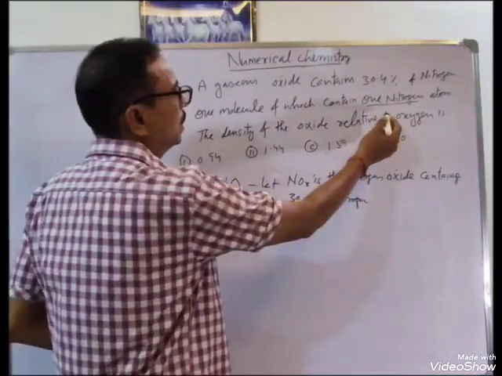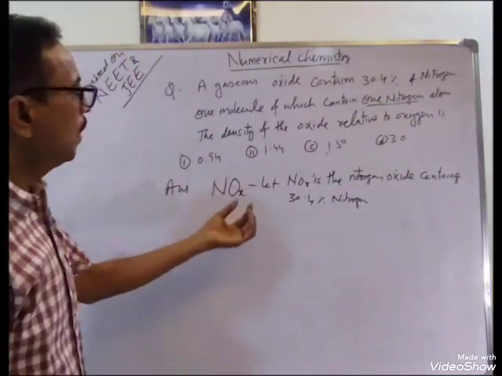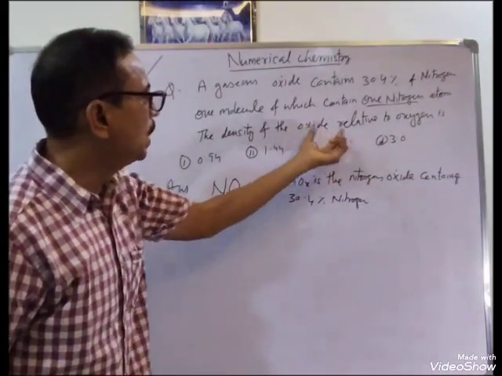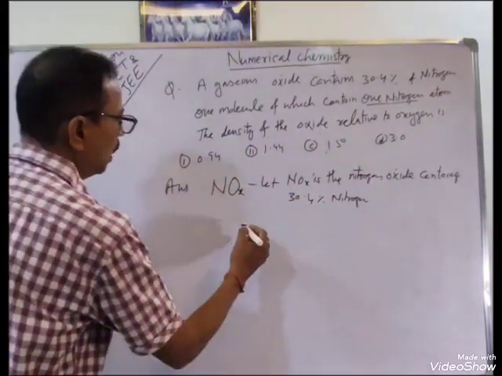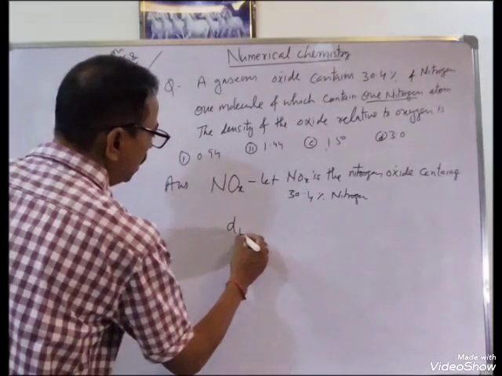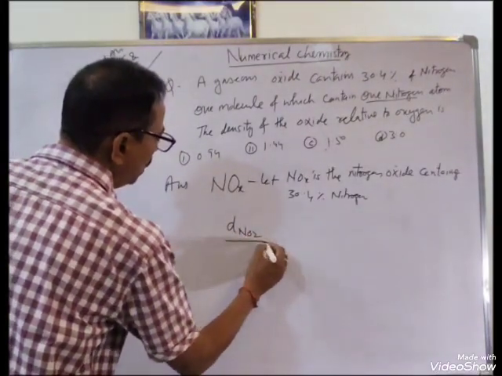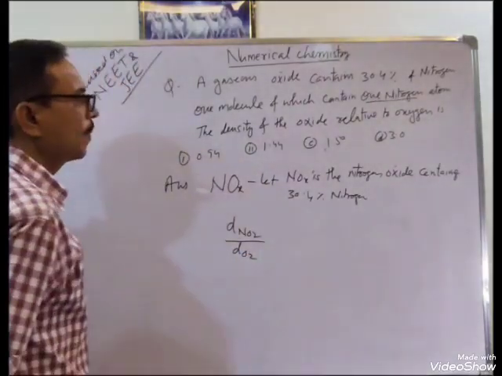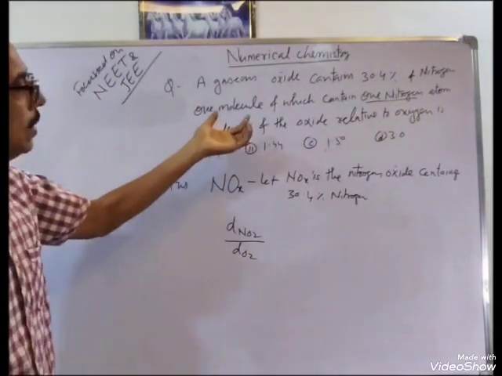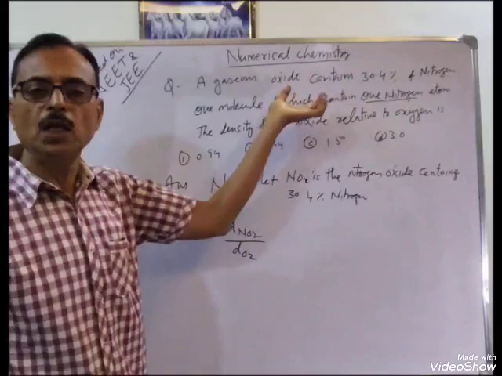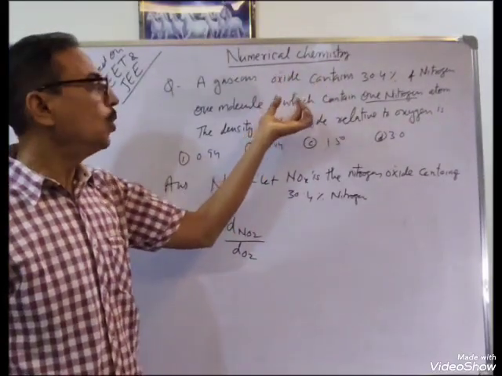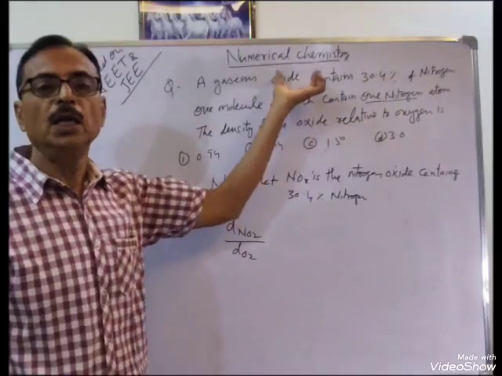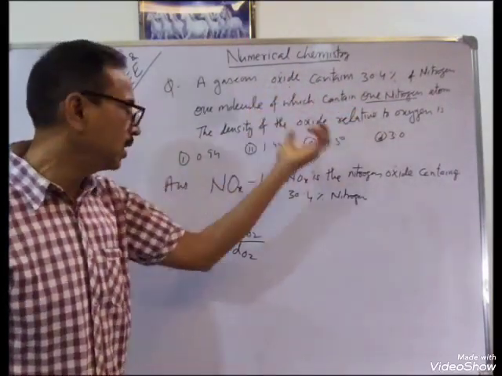This is given. Now you have to calculate the density of the oxide relative to oxygen, that is D of NOx with respect to density of oxygen. In both cases, there is no information about the temperature and pressure. So when we calculate the relative value, consider the temperature and pressure the same.